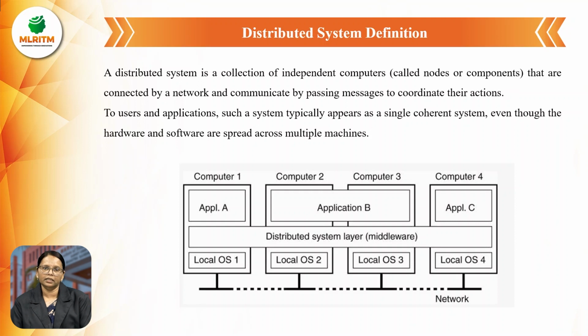Instead of a centralized machine doing all the work, multiple machines share the tasks, making the system faster, scalable and reliable. Different computers means independent computers connected through a network, communicating by sending messages.